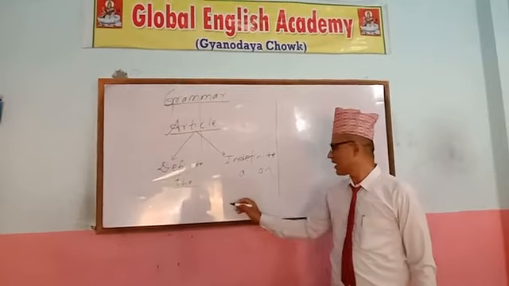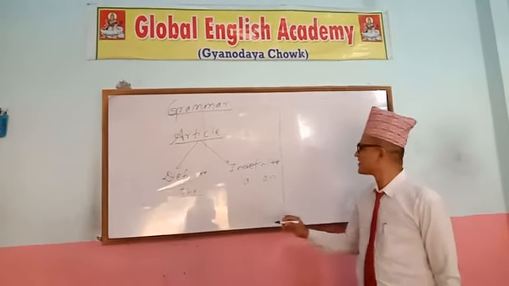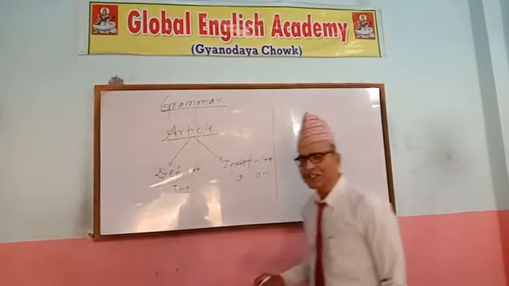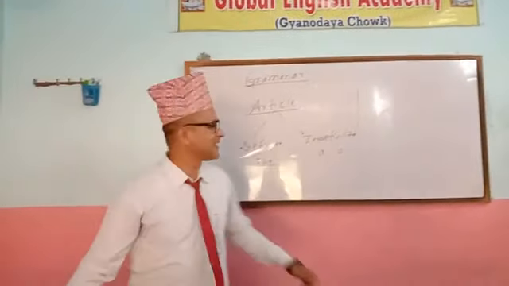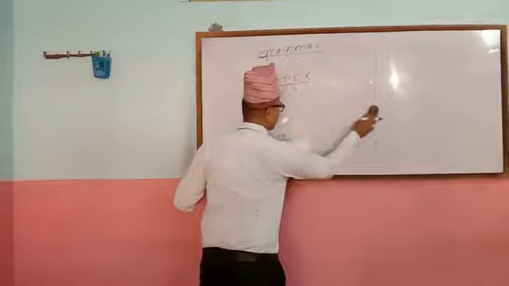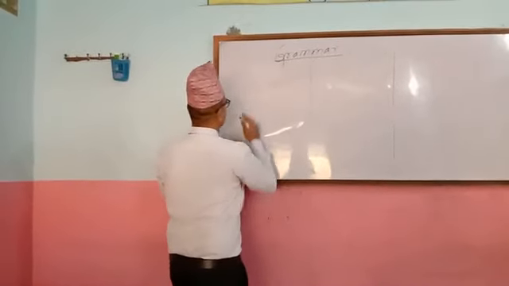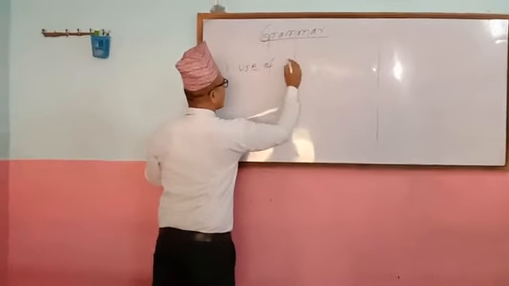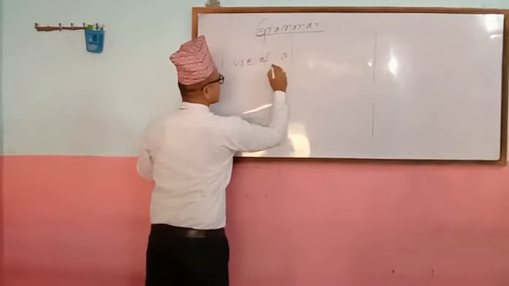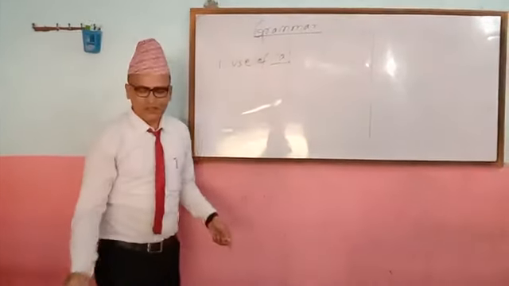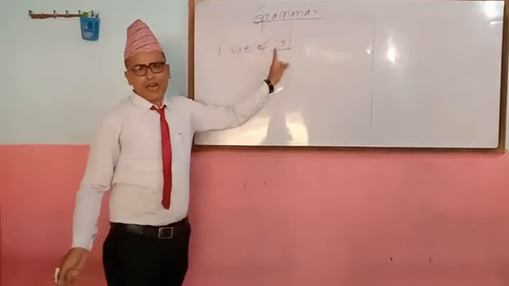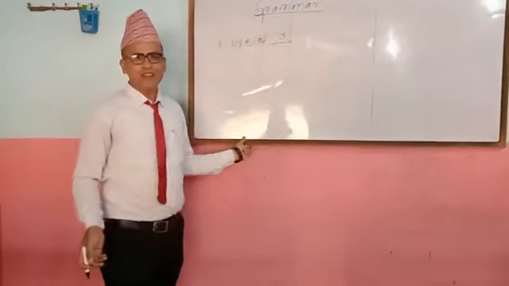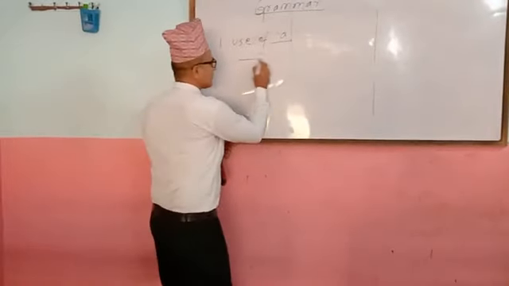So first I would like to tell you the use of a article. Number one, use of a. A article comes before the consonant sound in singular.